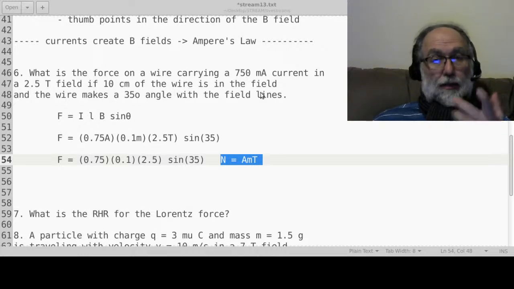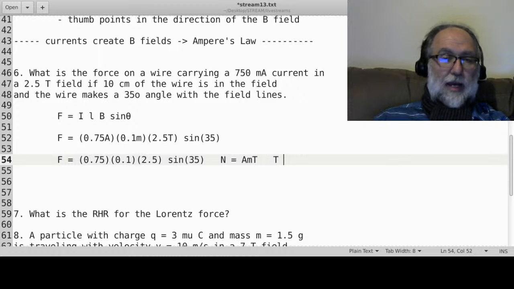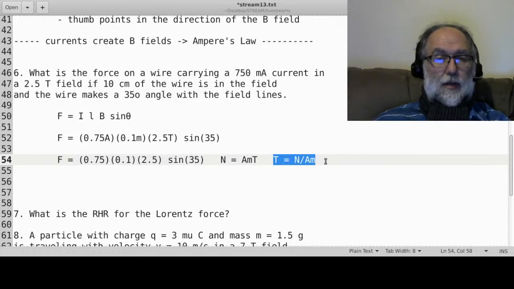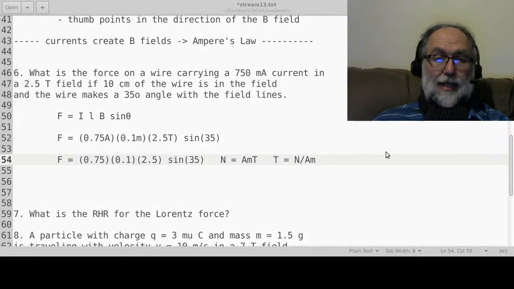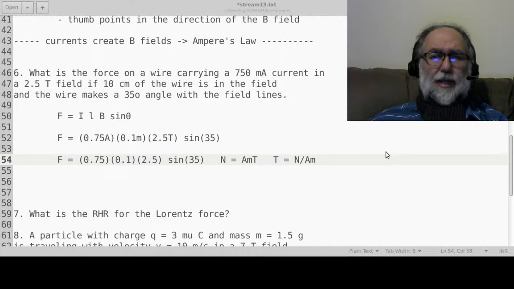This is probably the best way to think of a Tesla. Let me rearrange it a little bit. If I just divide both sides by amp meter, then I get this formula here, and that says that a Tesla is a Newton per amp meter. The Lorentz force kind of explains to you what a Tesla is.